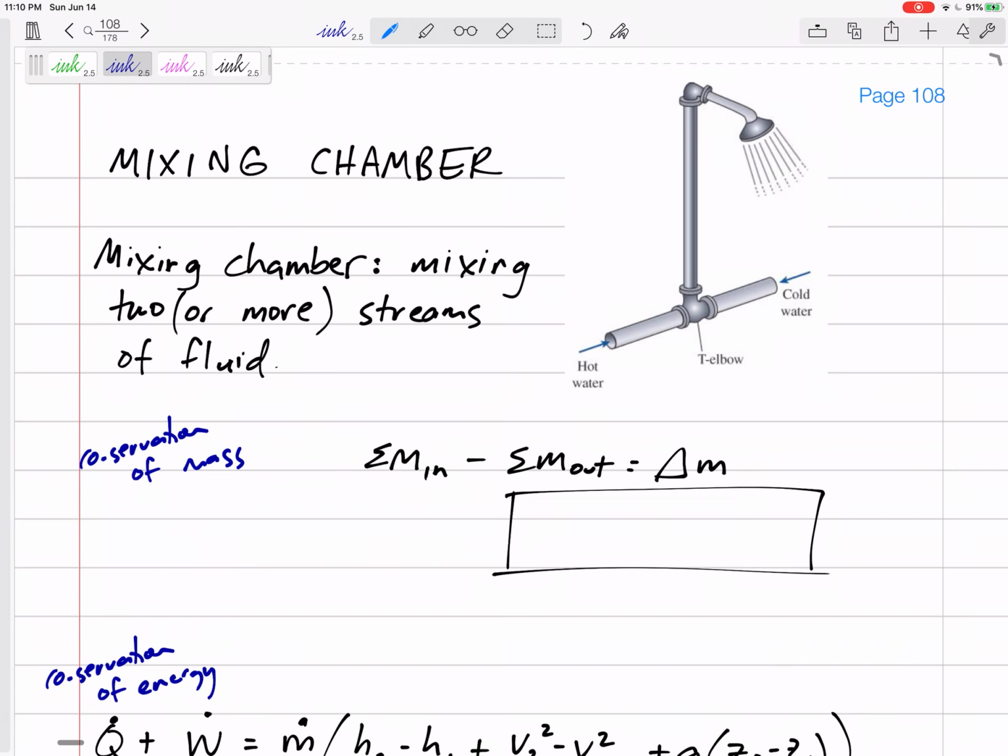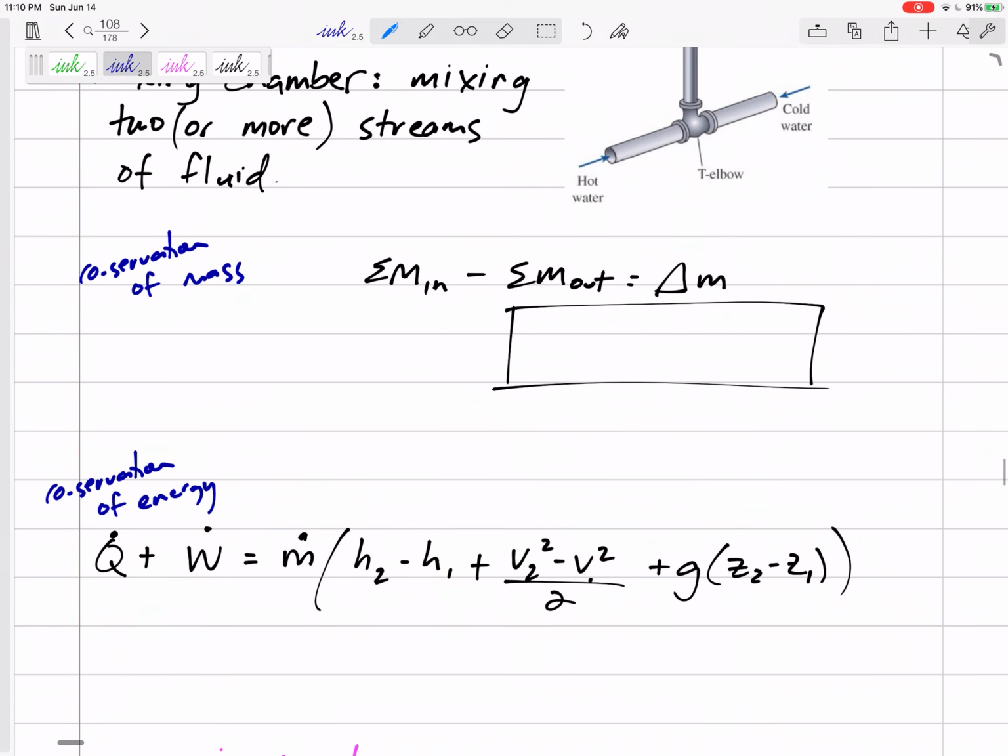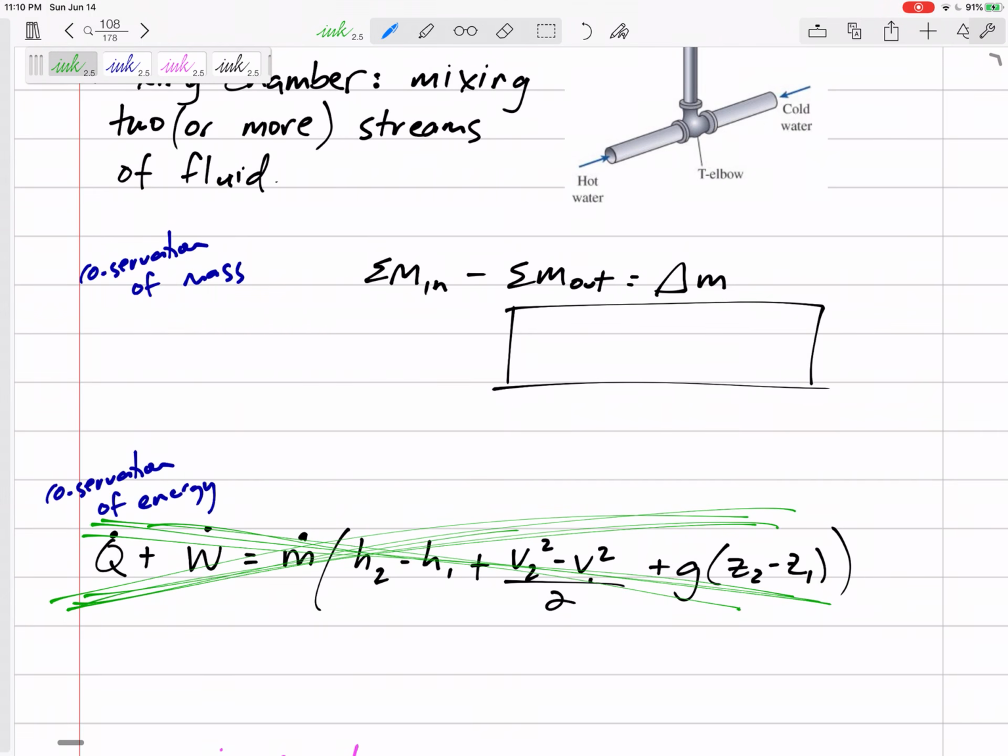All right, how about a mixing chamber? A mixing of 2 or more streams of fluid. Now with this one, we cannot start with this equation. Did you notice this equation? We had factored the m dot out, saying that m dot inlet was equal to the m dot outlet.